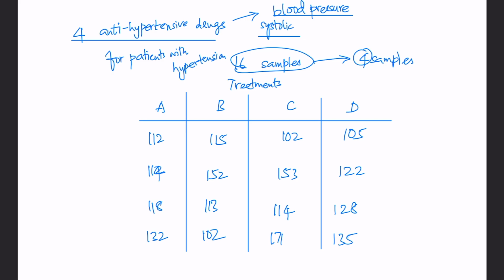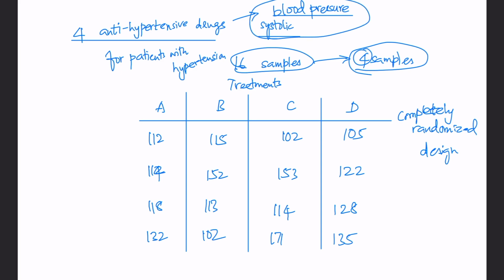We have assigned the treatment randomly to all of them, so this would be a completely randomized design. We have split them into groups, and we have gathered the values for their hypertension by using the variable systolic blood pressure. Remember that this is the only factor. This is a single factor that we are using to judge whether the treatments are effective or not, right?